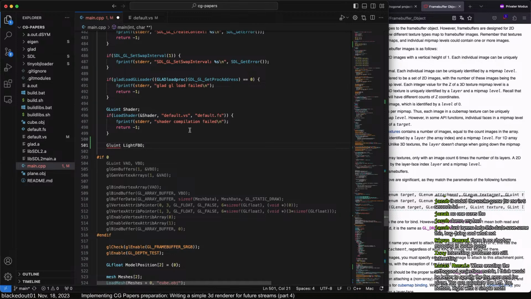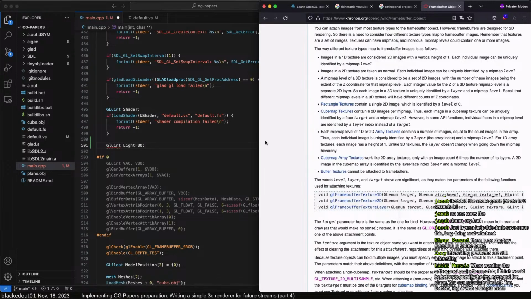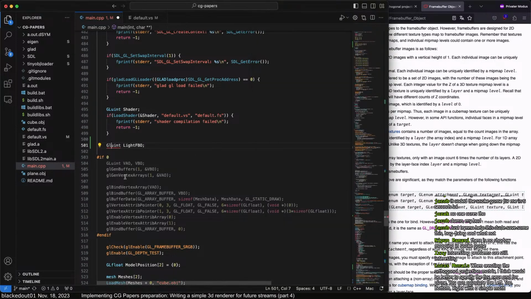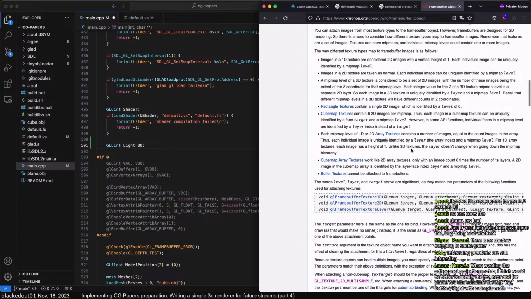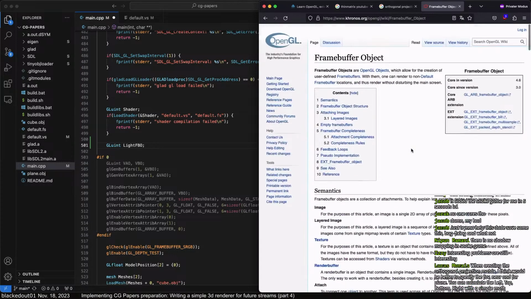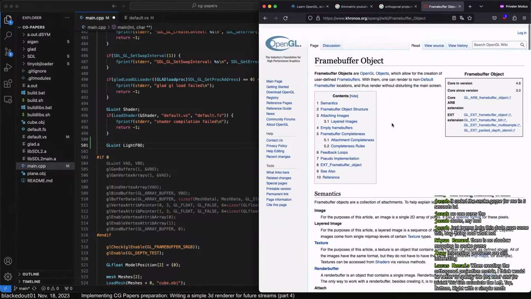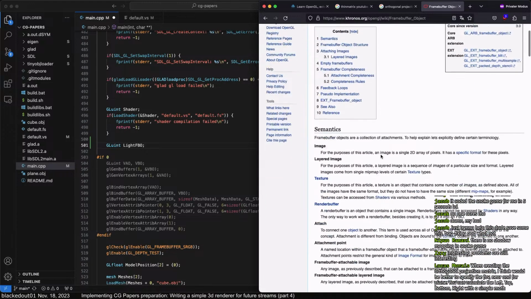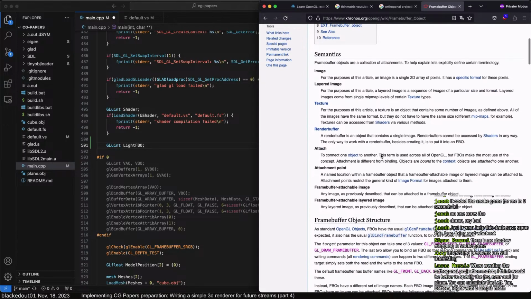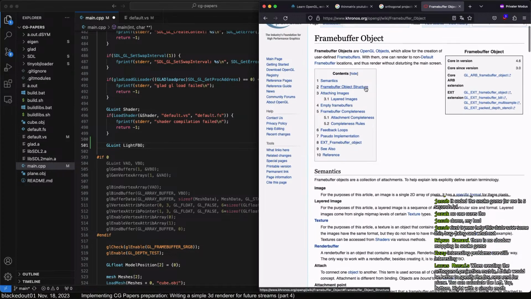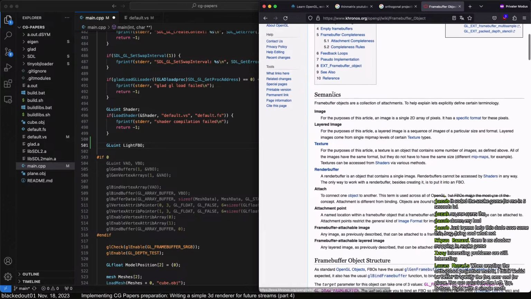And just like the other objects in OpenGL, these are defined by a GLuint handle. And the frame buffer object is kind of like a collection of images where you can render into.